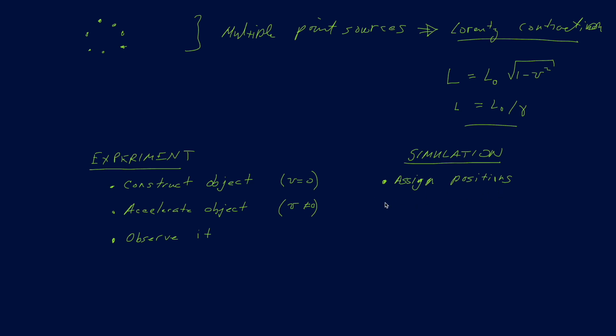That's what constructing an object means in simulation land. Next, what's the analog of acceleration? Well, just to be clear that there's no confusion here, we accelerate the object to a final constant velocity. And once it reaches that constant velocity, the acceleration ends and there is no acceleration any further. So what we do is we apply Lorentz contraction to all of these positions, to all of these guys.